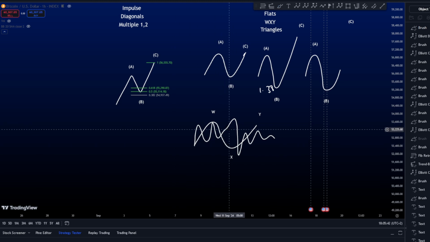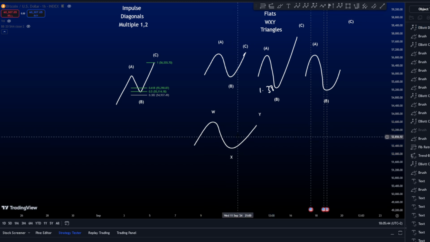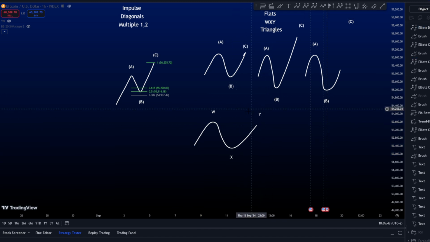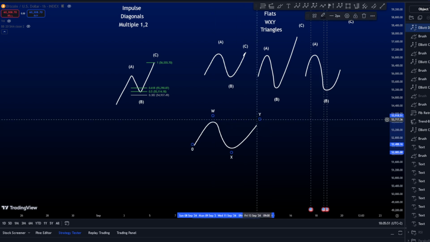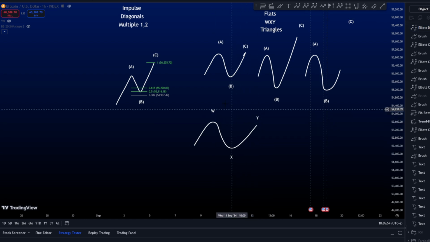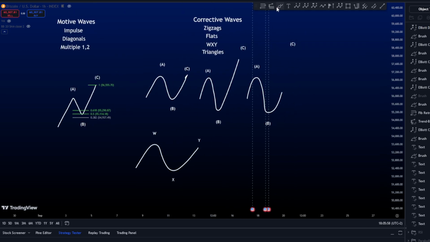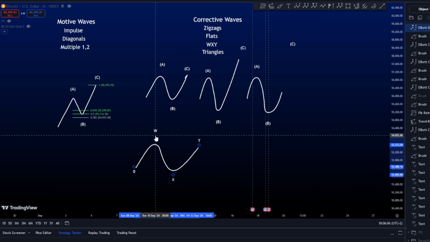So WXY corrective waves are very, very dangerous and risky. Never trade WXY because it could lead you, of course, to potential losses, right? So these are the most important patterns in WXY. Of course, it's still brief, but yeah, in summary, this is how it should look.